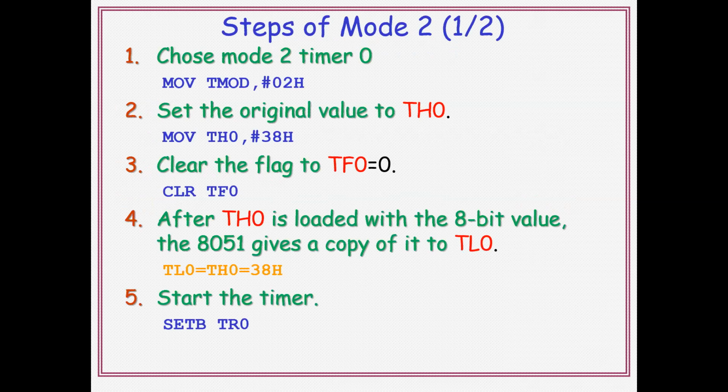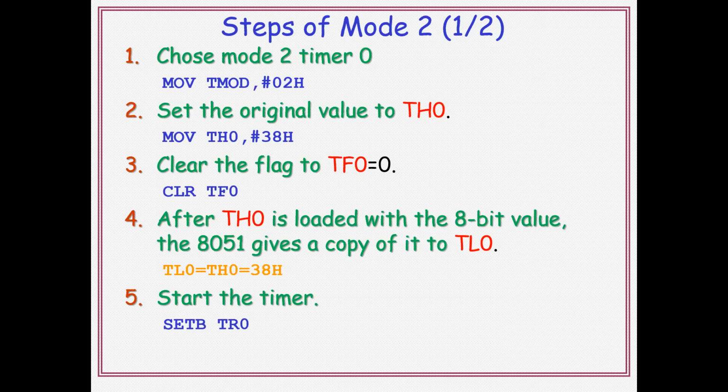So what are the steps in mode 2? The first one is to choose mode 2 and timer 0 or timer 1. In this example, we select timer 0. How do we select timer 0? MOV TMOD, #02H. We already discussed that the TMOD register contains a total of 8 bits.